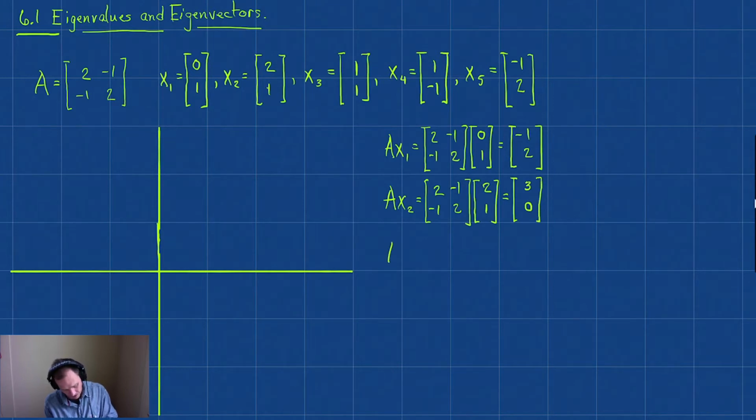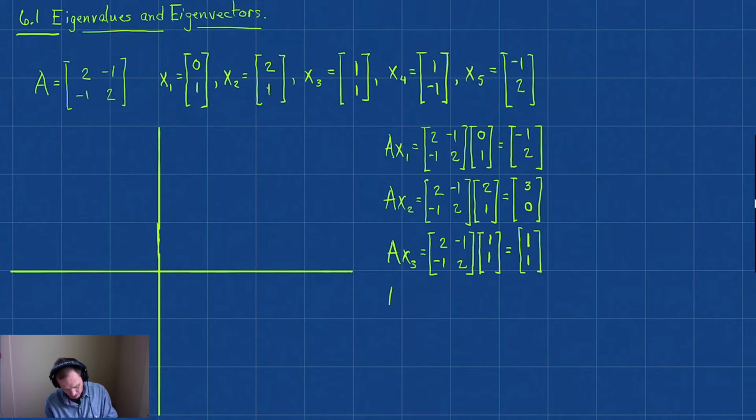And let's see, A times x3, that's 2, -1, -1, 2, times 1, 1. This is going to be a 2 - 1, that's going to be a 1. -1 plus 2 is going to be a 1.